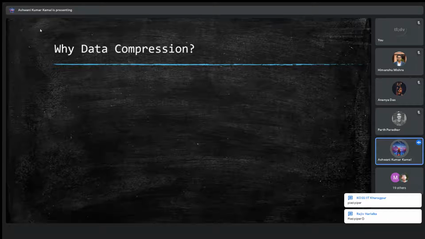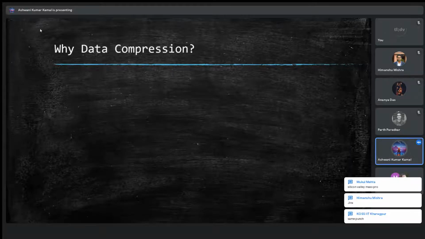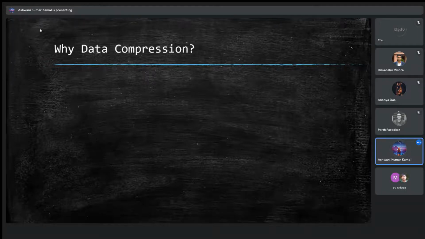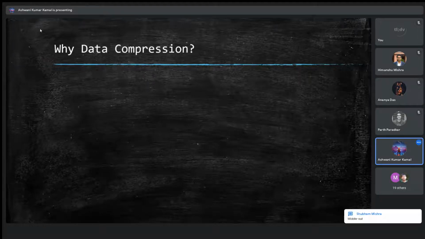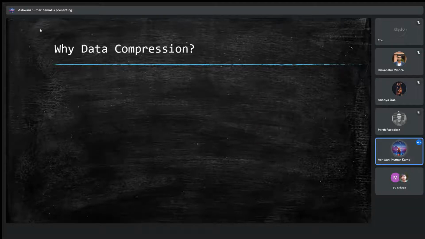One obvious answer is that storage is scarce, and another is that when we send data through some medium, the medium has its own limits. You just can't send a whole book of data through some medium and expect it to be received at the other end intact.